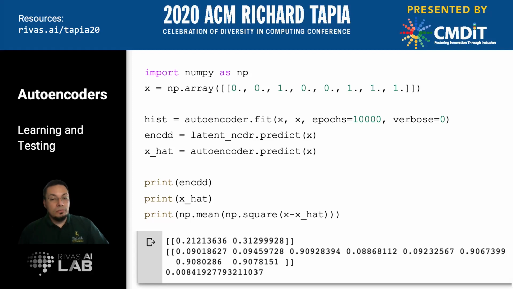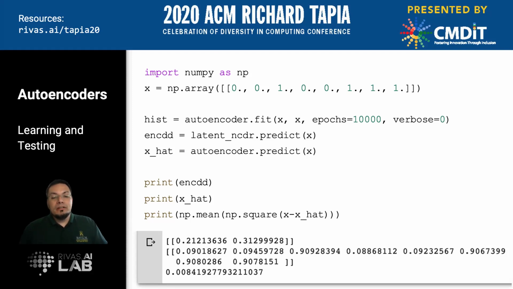Second one also should be a 0. The third one should be a 1, and it's a 0.90. Close enough. The next 2 should be zeros, and it's 0.08, 0.09. The next 3 should be 1s, and it's 0.9, 0.9, 0.9. So as you can see, this is an approximation. It is not perfect, but it's close enough.